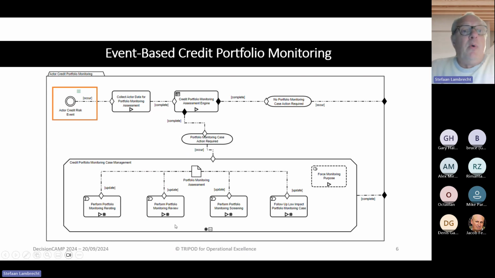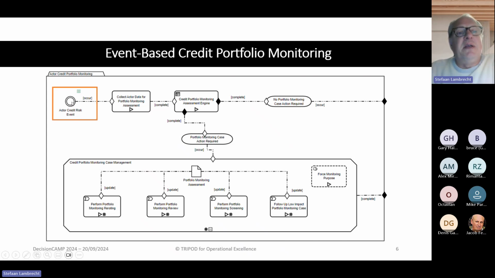And what happens is, first of all, the first thing that you see here is that the portfolio monitoring needs to react to whatever event occurring on the actor side that might increase the credit risk. I'm coming back to that later on, what that really means.